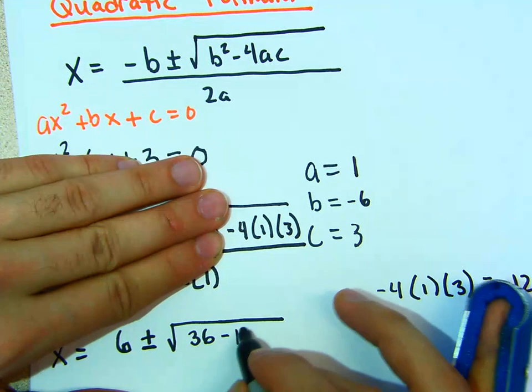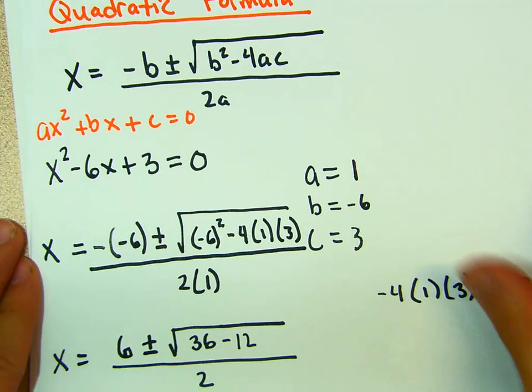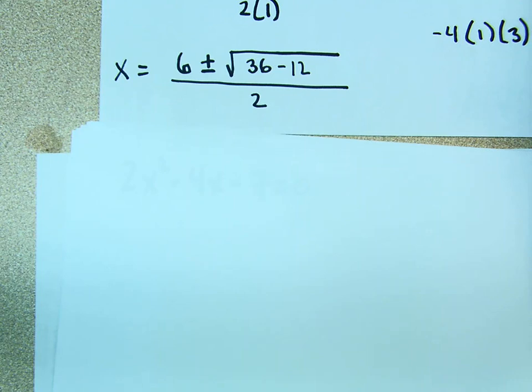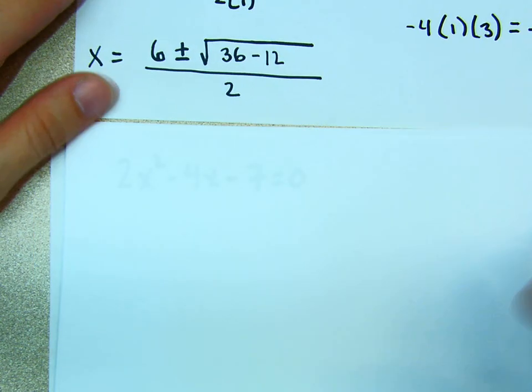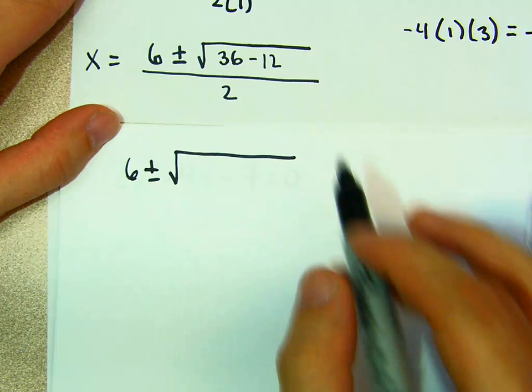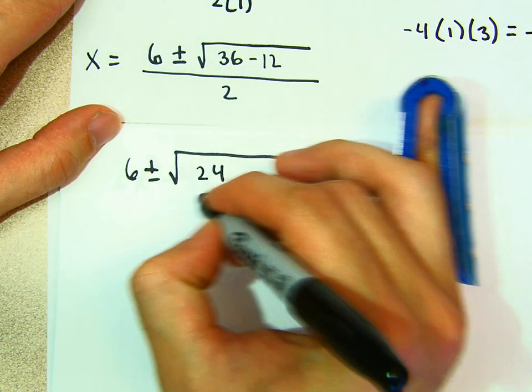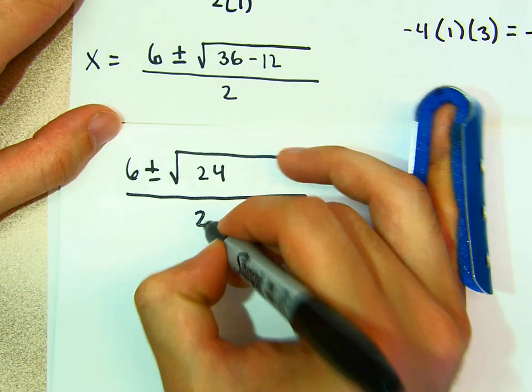So this is minus 12, all divided by 2. Let's bring this up here. What do we do after we have this? Well, this is 6 plus or minus the square root of 36 minus 12, and that's 24. Then we divide this by 2.